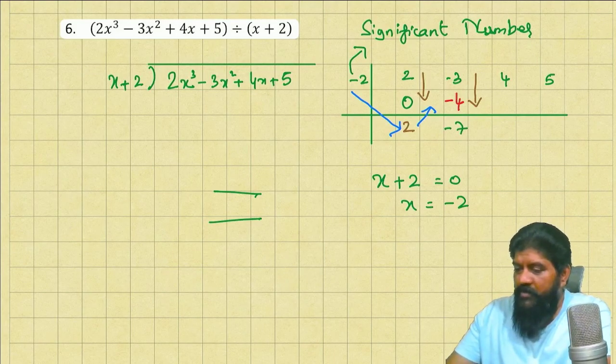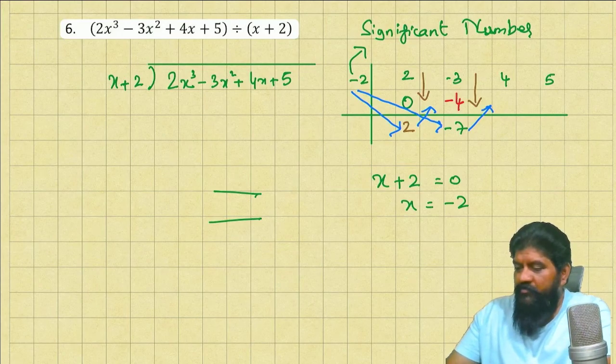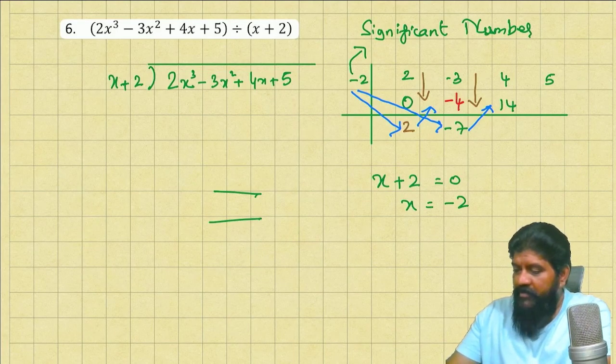Now, you would go ahead and multiply the same minus 2 with minus 7 and update it over here. So minus 2 into minus 7 is simply going to be a plus 14. Again, you're going to add.